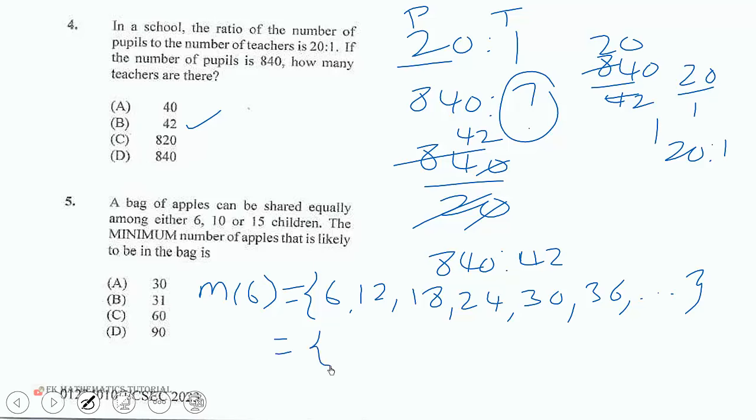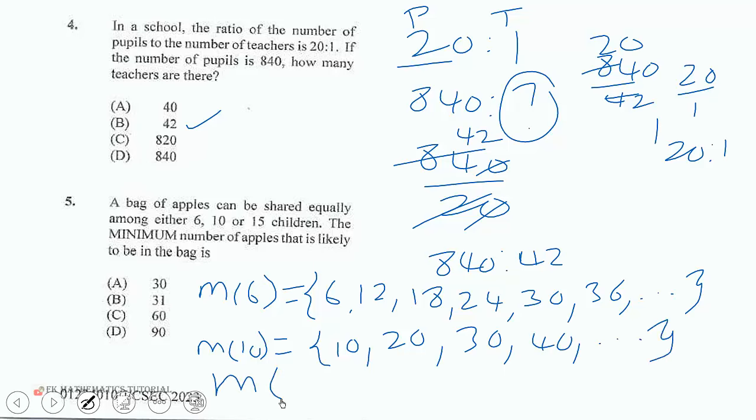Then the multiples of 10. We have 10, 20, 30, 40, and so on. Then the multiples of 15. We have 15, 30, 45, and so on.